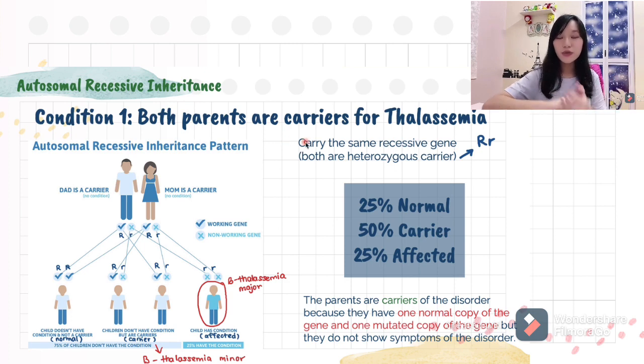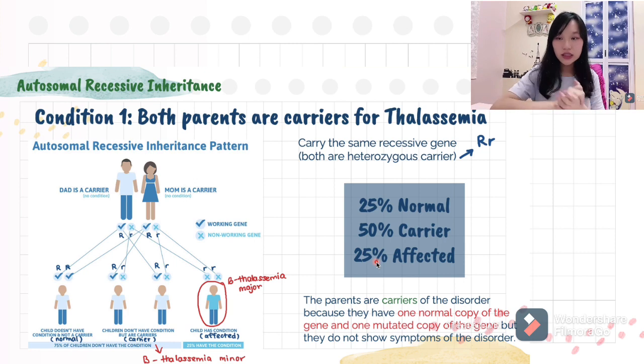It means that both of the parents of Adam carry the same recessive gene mutation, and they are both heterozygous carriers in this condition. You can see in this diagram here, for both parents being carriers for thalassemia, they produce offspring with 25% of being a normal individual, 50% of being a carrier, and another 25% of being an affected individual with thalassemia.